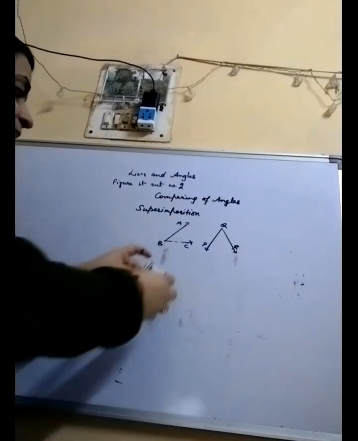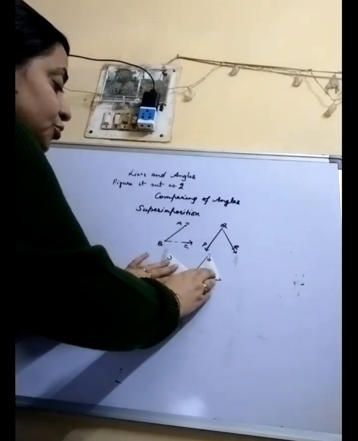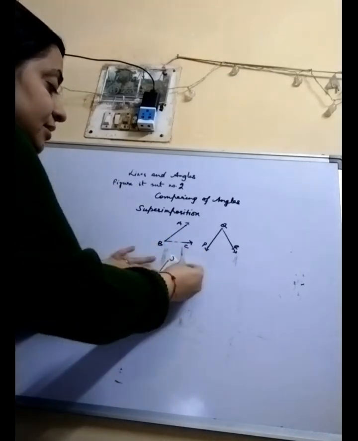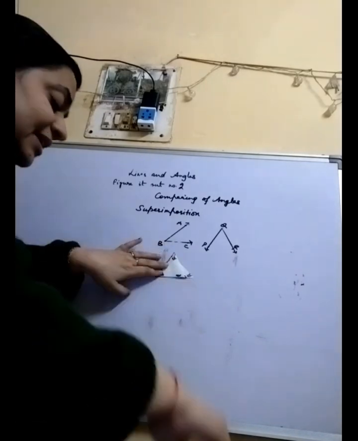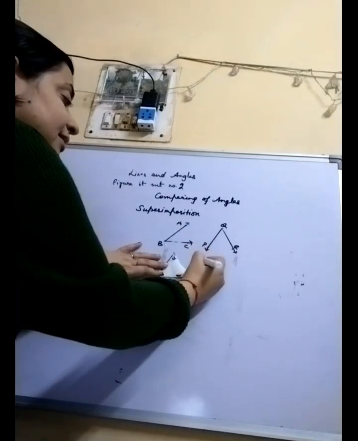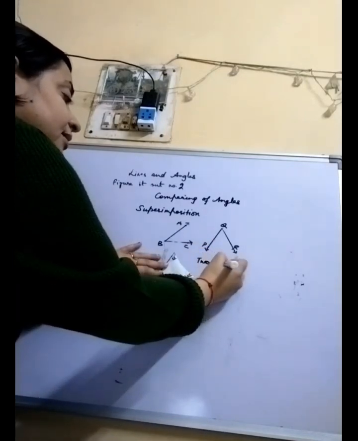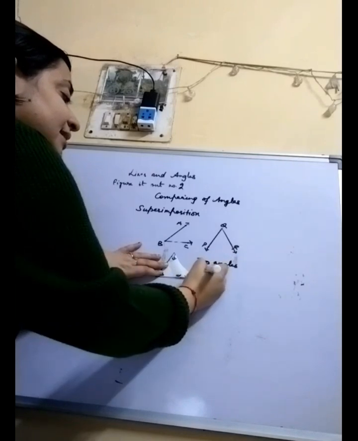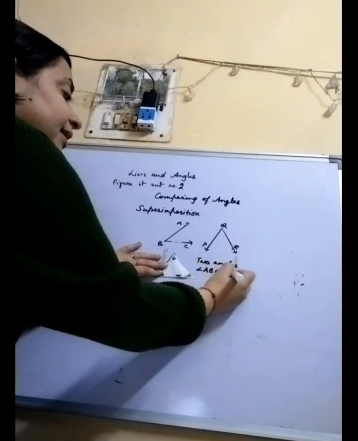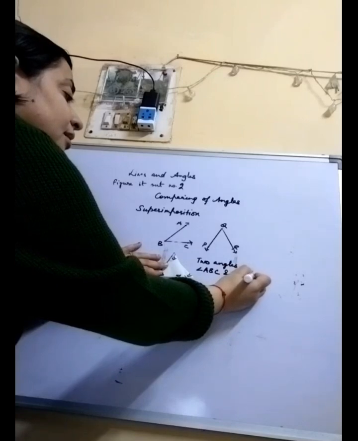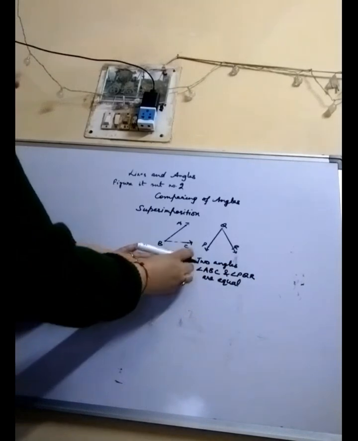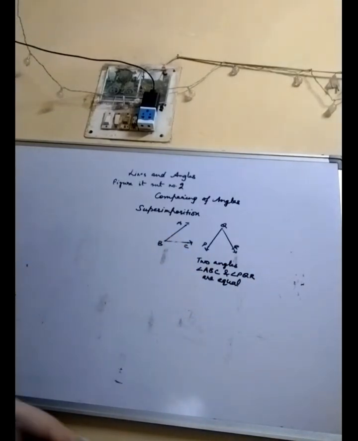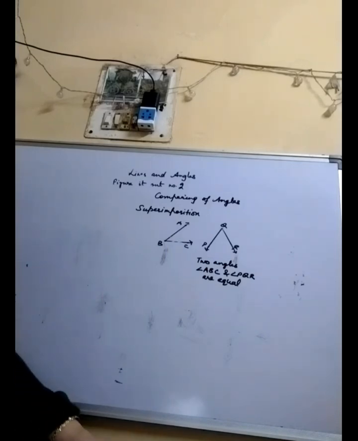You can paste these two together on one another and say that angle ABC and angle PQR are equal. So this is how we compare any two angles, or three angles also, by the superimposition method.